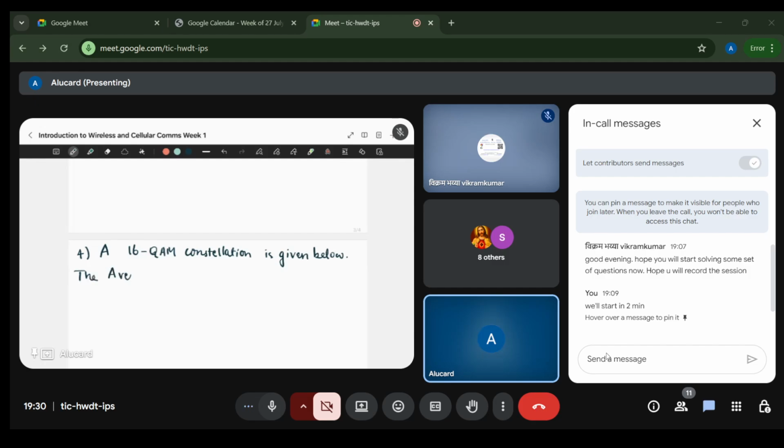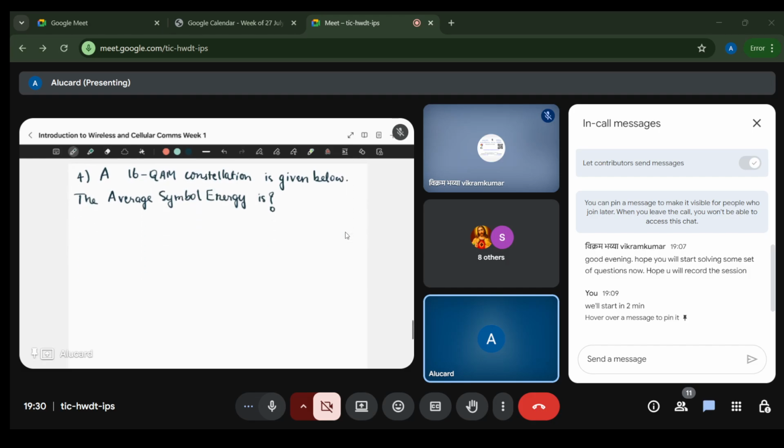The average symbol energy is. It's your regular 16 QAM, nothing special.